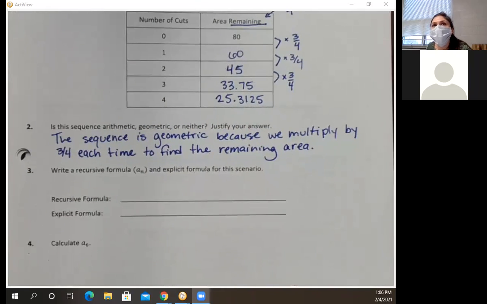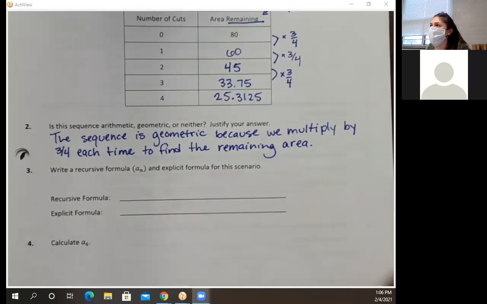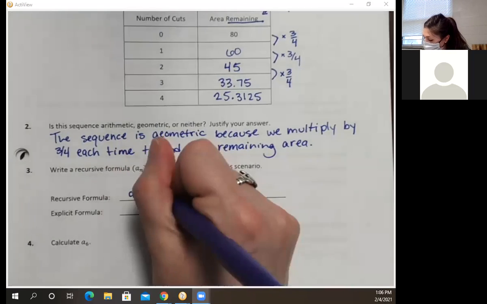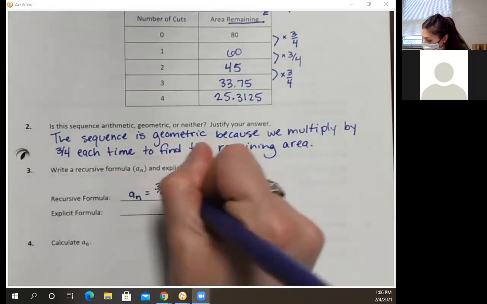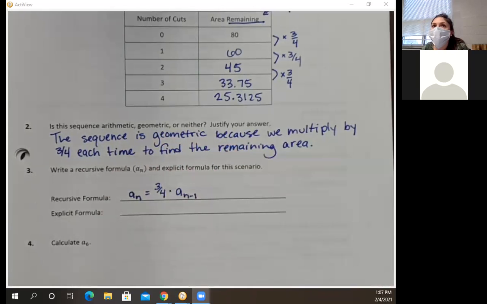Now let's write our recursive and explicit formulas to represent this scenario. So remember, recursive is the one that's based on the previous term. So here, our new term would be 3/4 times the previous term. And then the explicit formula for a geometric sequence is the one that's got that exponent.